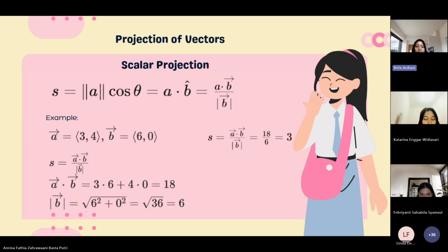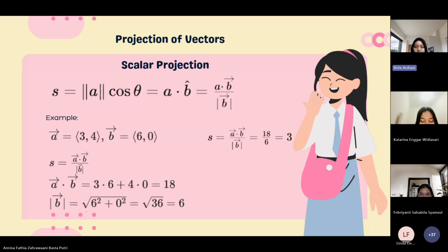In other words, it tells us the length of the projection of vector A onto vector B. The formula is C equals A dot B divided by the magnitude of B. The result can be positive or negative. If the angle between the vectors is acute, meaning less than 90 degrees, the result is positive. If the vectors point in opposite directions, the result becomes negative.